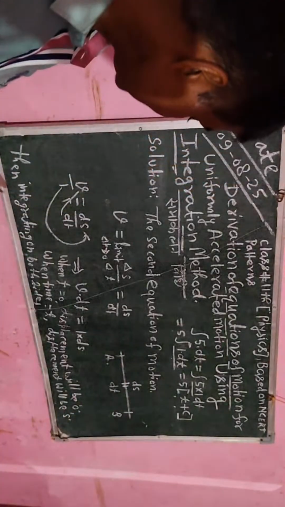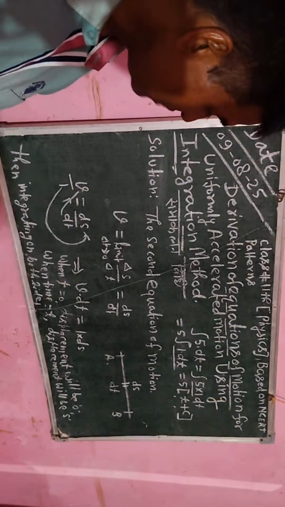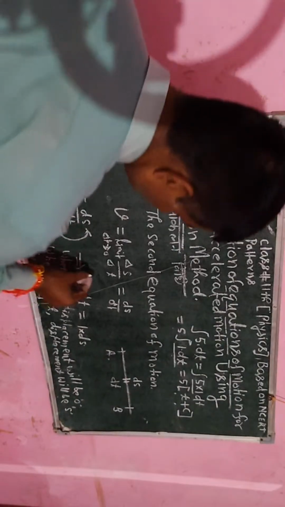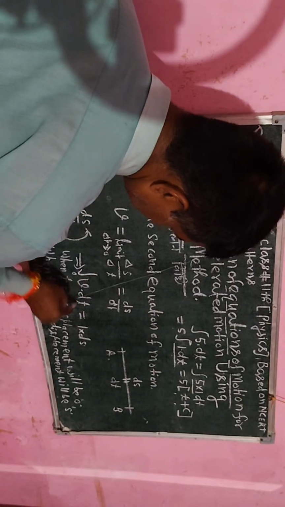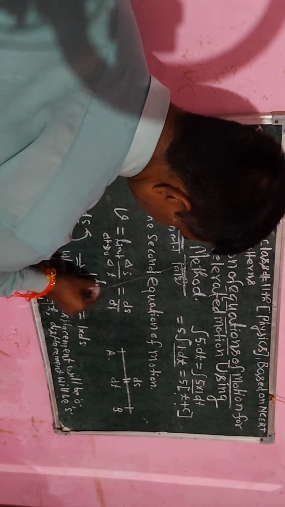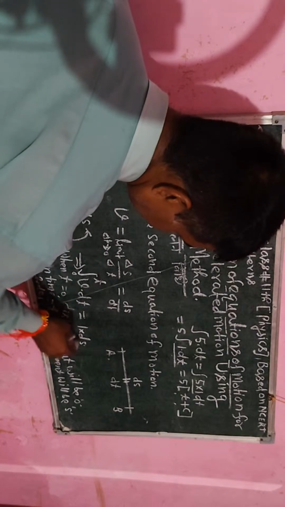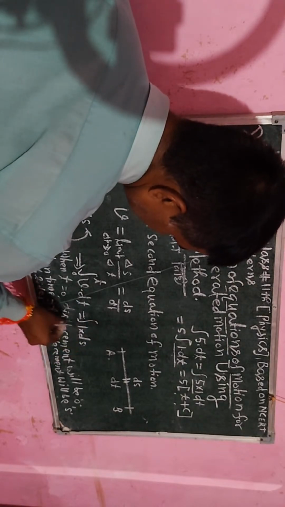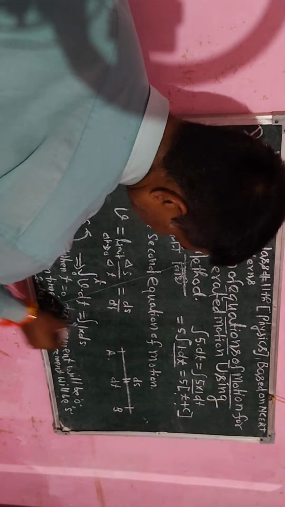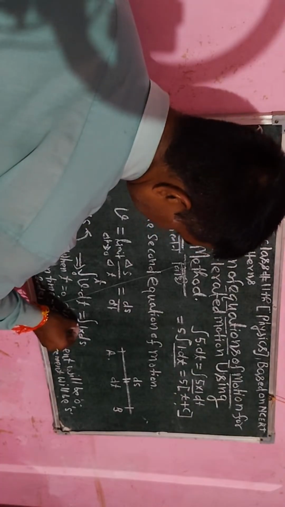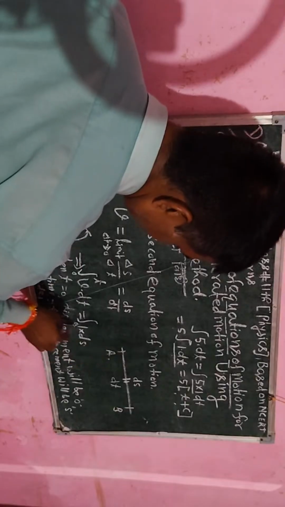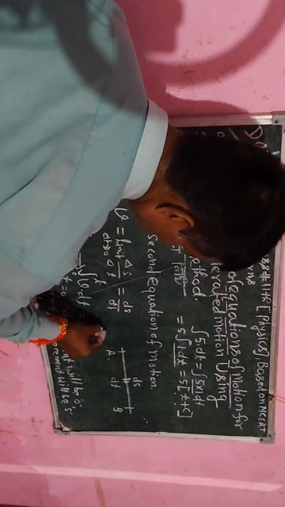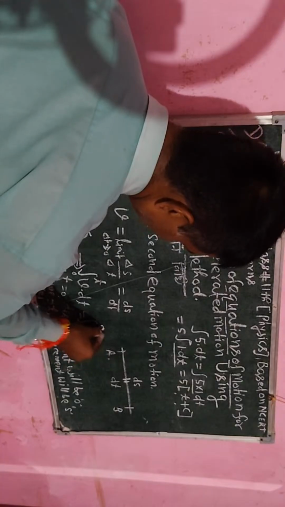So in this case I will put the integration sign. This term I will integrate with t from 0 to t. But here s represents displacement: initial displacement will be 0, and final displacement will be s.